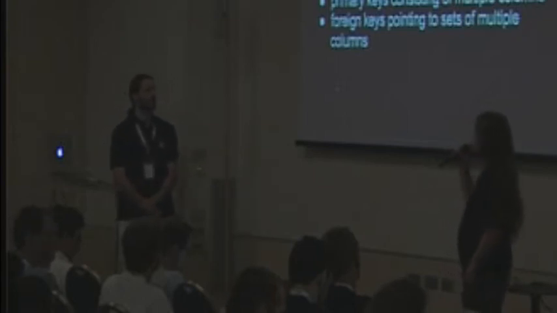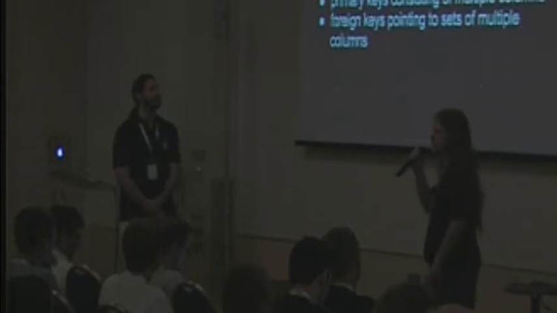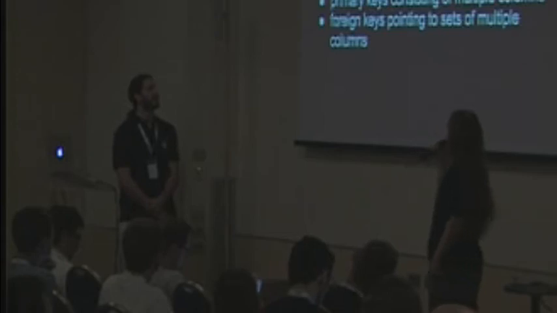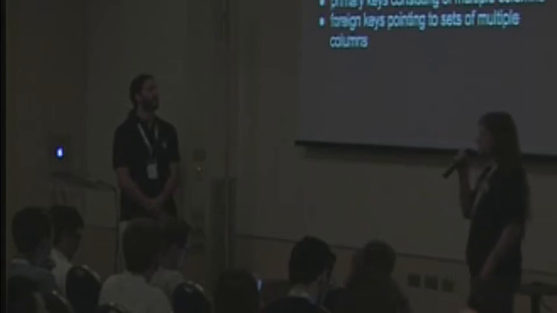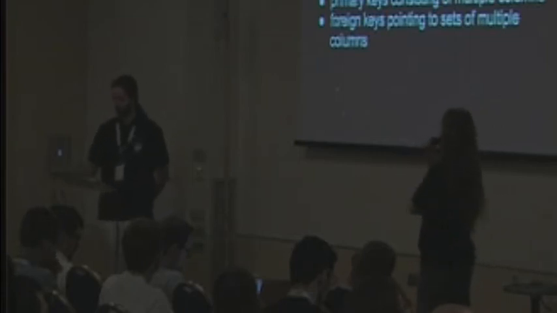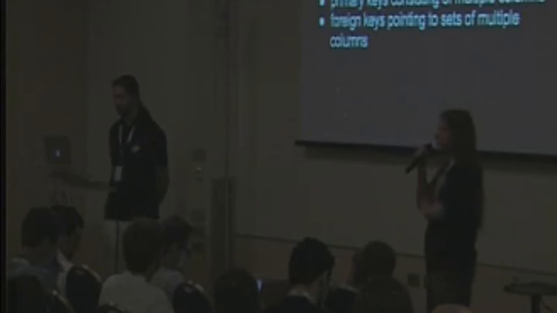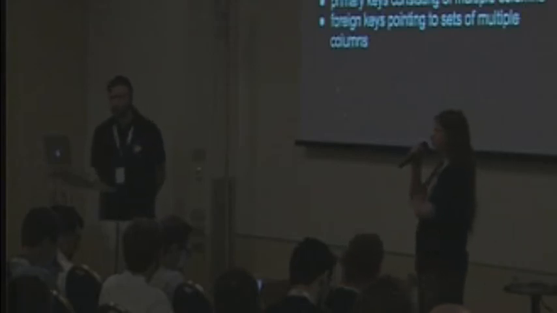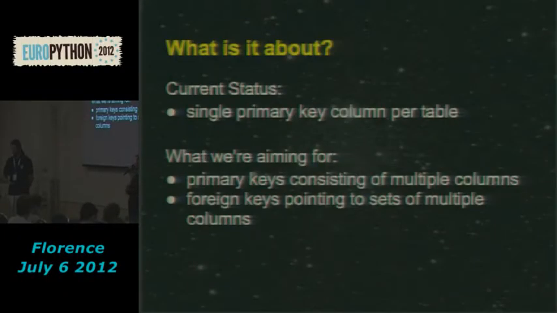Well, what we are aiming for is to add support for tables which have a primary key spanning multiple columns. And by extension, Django supports foreign keys and all this stuff, so we also need a way to point to such tables with foreign keys. So this is what this is all about.